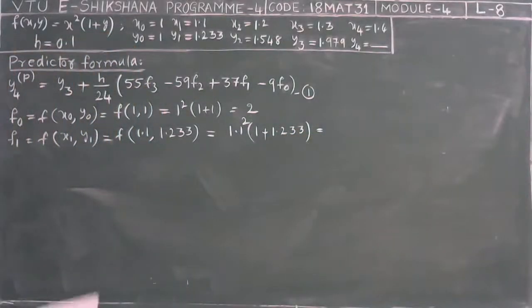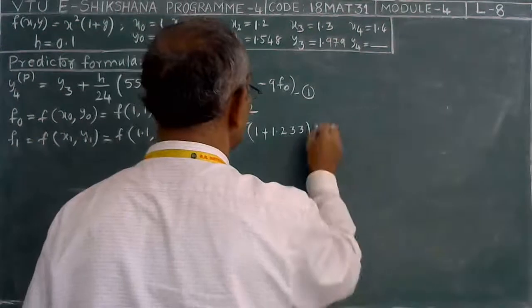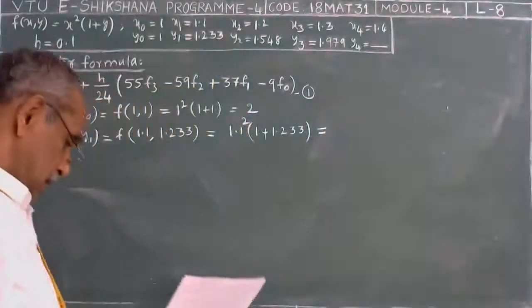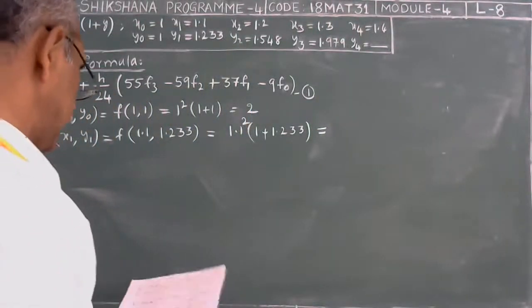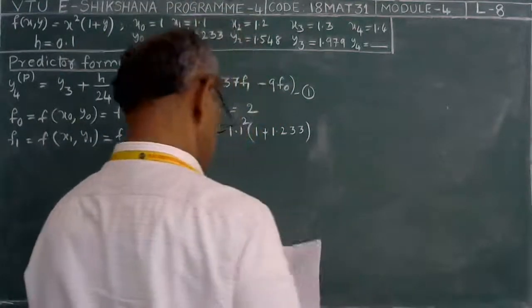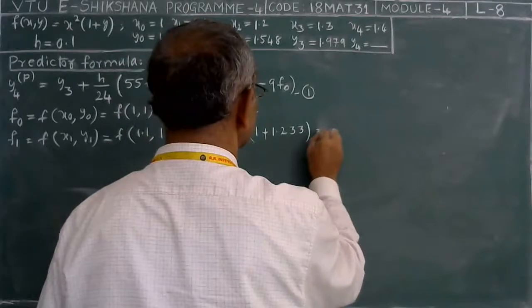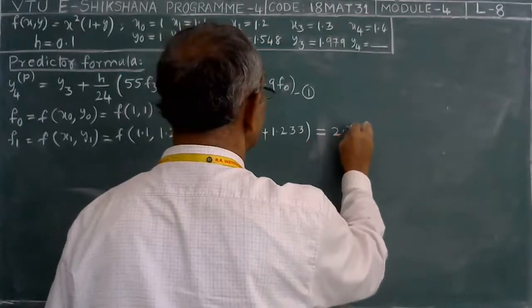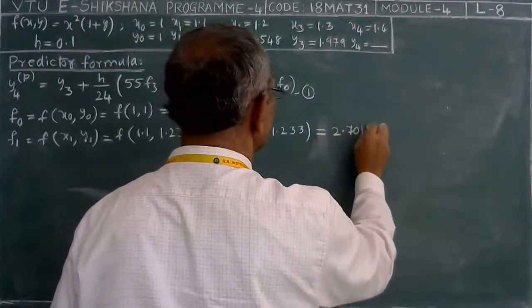So using calculator, if you calculate, you get f1 is equal to 2.7019.